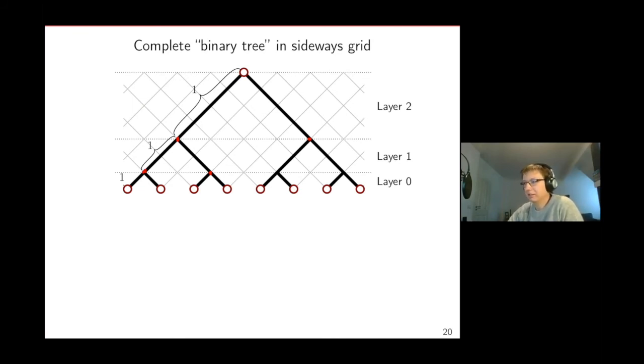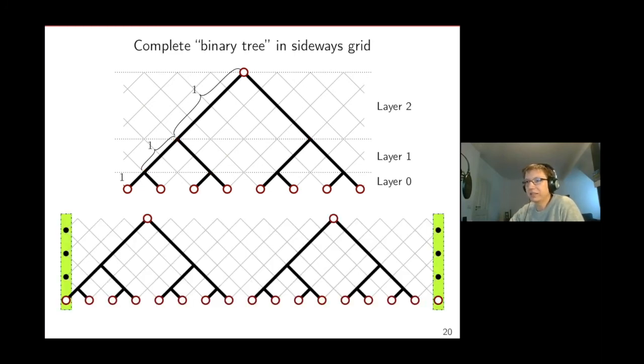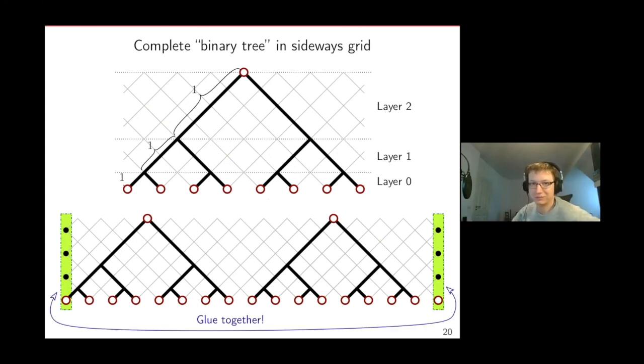So it's quite interesting. And what I will actually do is to take a portion of this grid, which can fit 2 such trees next to each other. And I will cut off the top part and the left and right. And I will glue the left to the right.